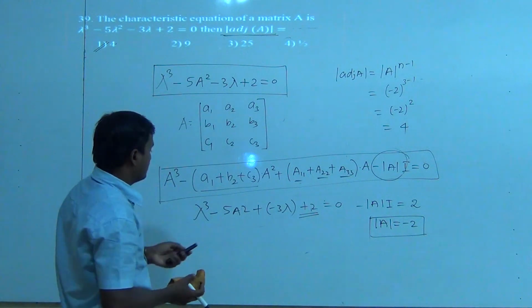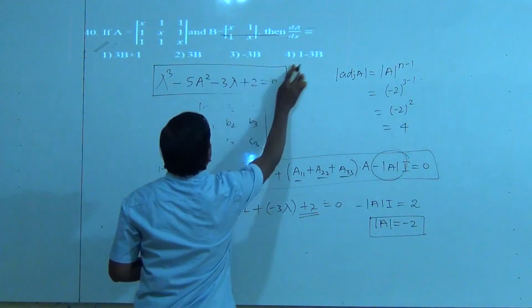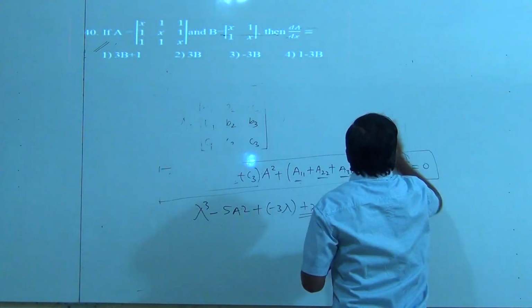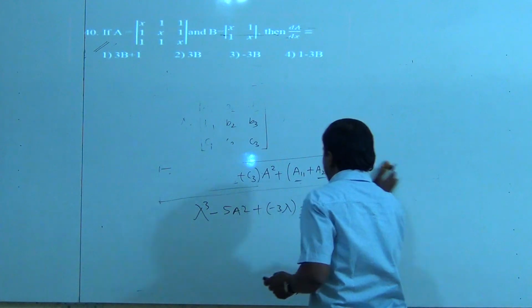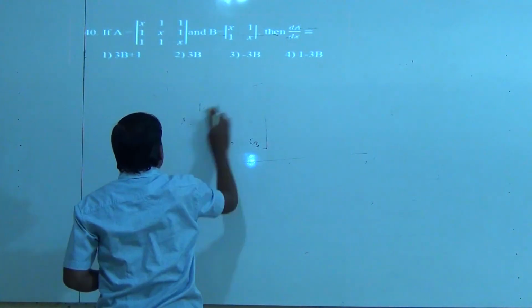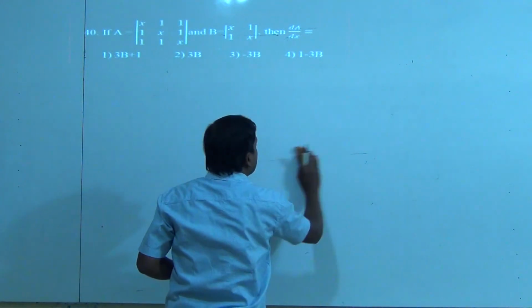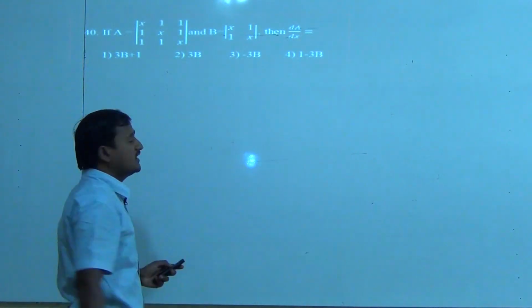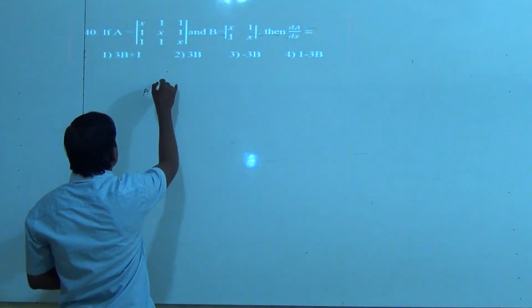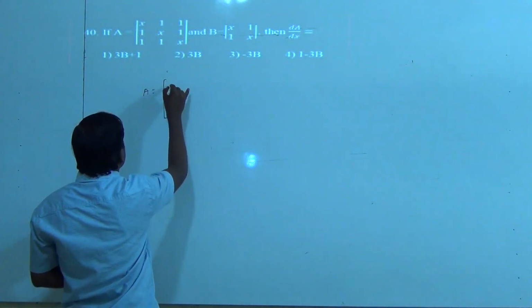Okay, we go for the next question. This is also important. The fourth question is, okay, here. What have they given? They have given A. What is the A?